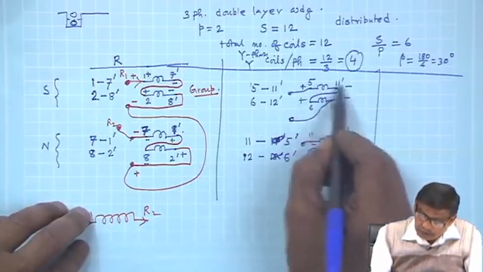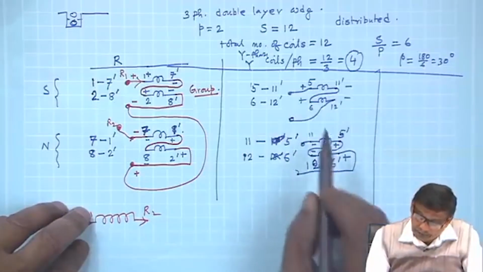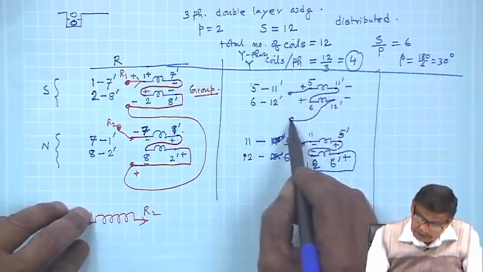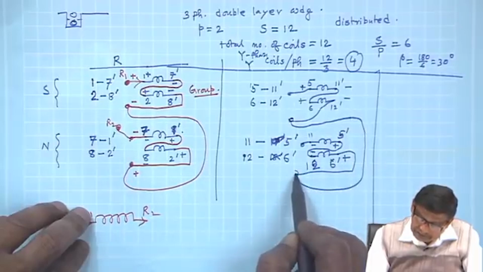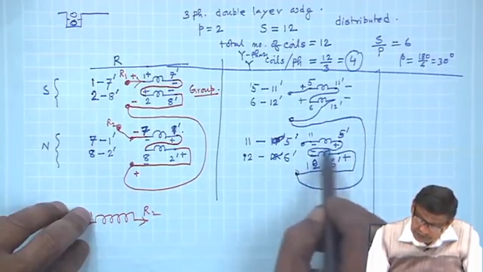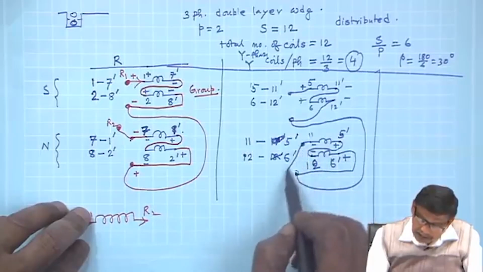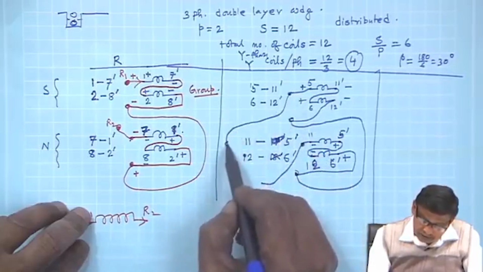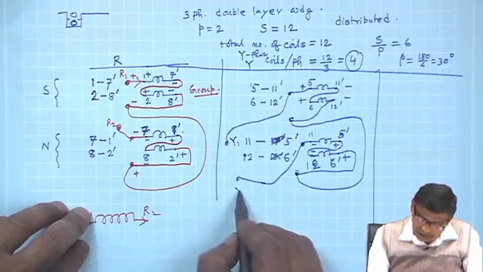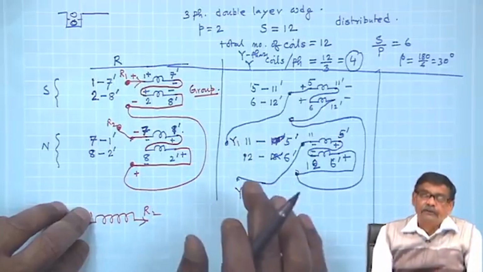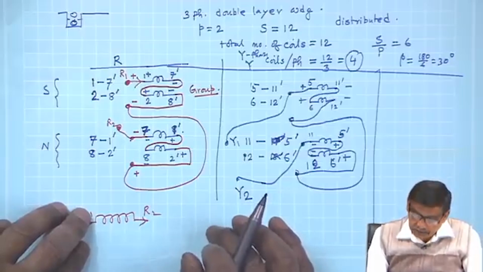You have to make all these 4 voltages in additive mode. So, plus minus, then you must have plus minus, and then if you trace another plus minus, and these two I will call the Y phase terminals, Y 1 Y 2, which is available to the user.